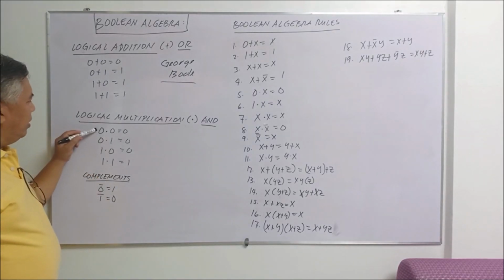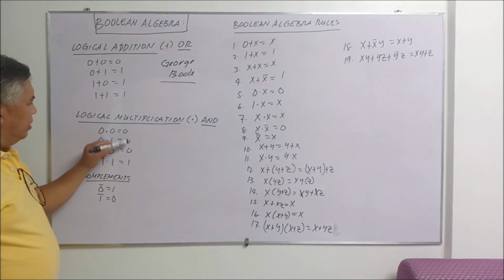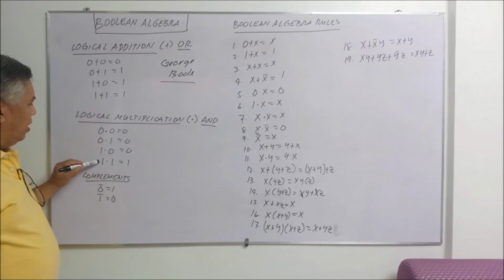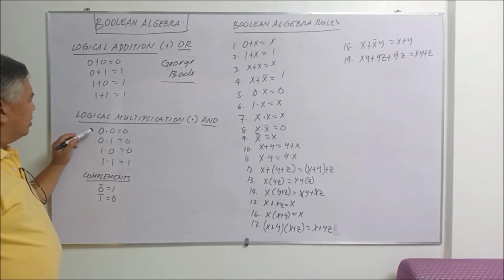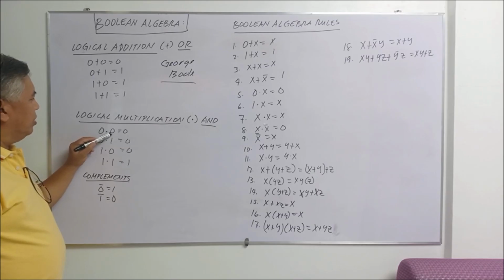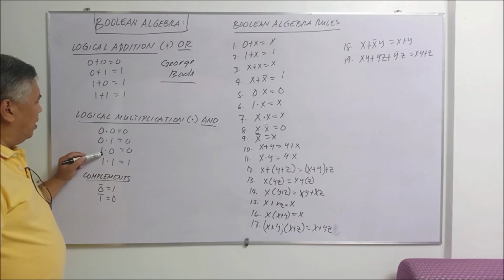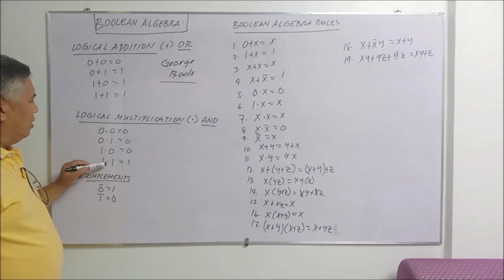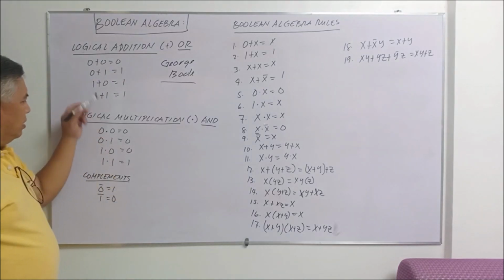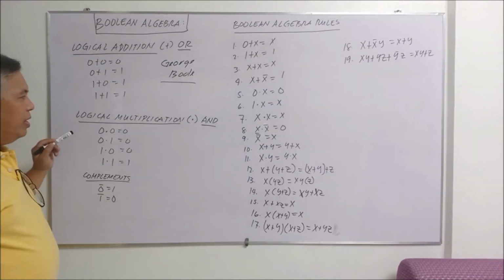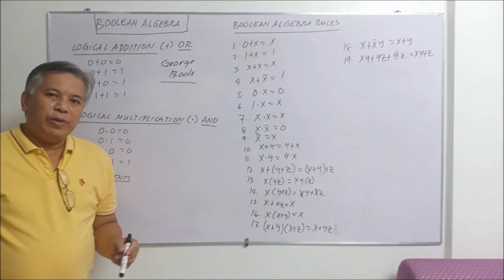Any number multiplied by 0 is equal to 0, and 1 times 1 is equal to 1. Or we can read this as 0 and 0 is 0, 0 and 1 is 0, 1 and 0 is 0, 1 and 1 is equal to 1. These are your logical addition and logical multiplication.